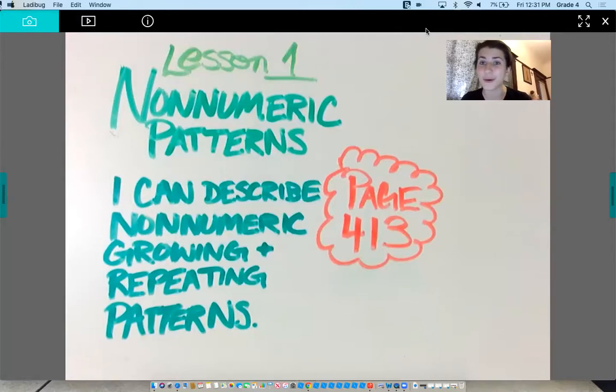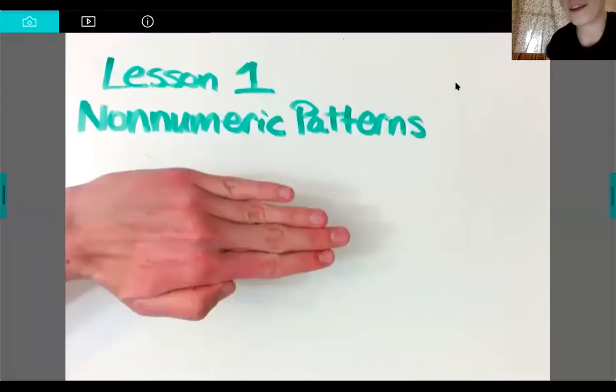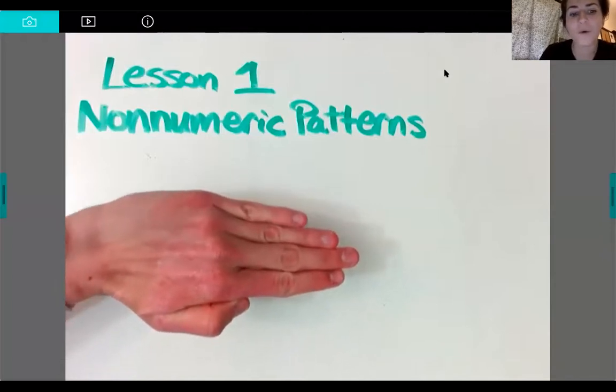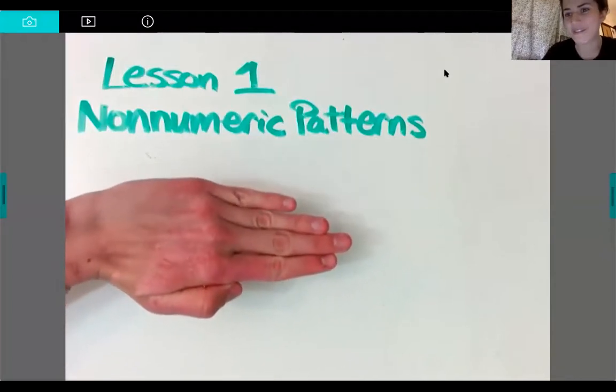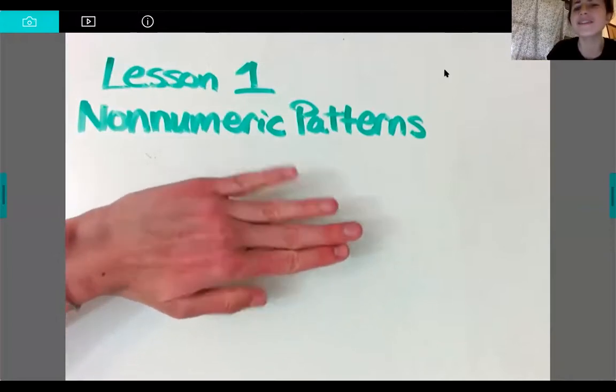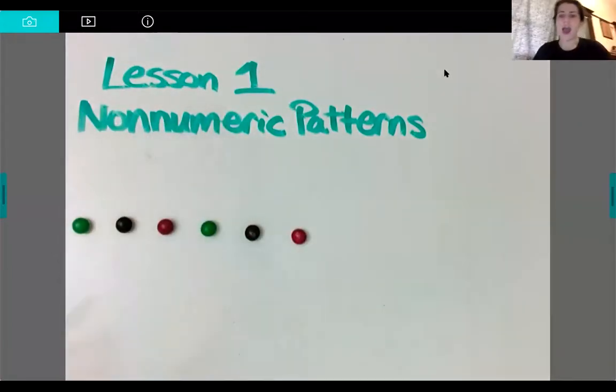Miss P is going to show you one of her favorite non-numeric patterns right now. All right, Miss P's favorite, just give it away. Miss P's favorite non-numeric patterns are food patterns. And right now we're going to do some of our first patterns with Skittles.